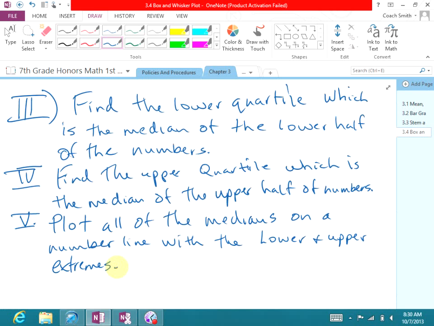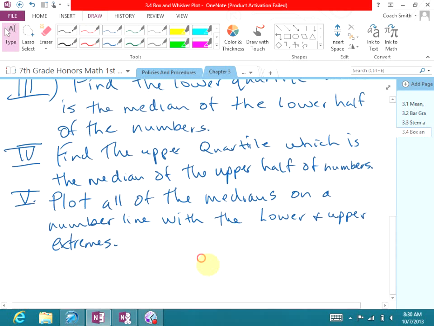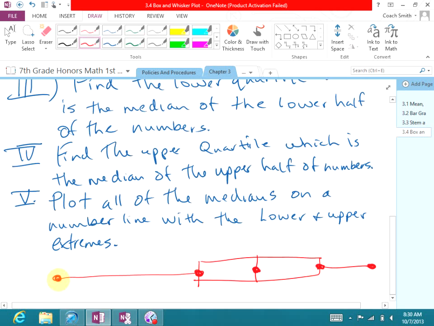Okay, so an example of what your final product is going to look like is it's going to look something like this. Okay, it's going to look something like that. Okay, this is an example.